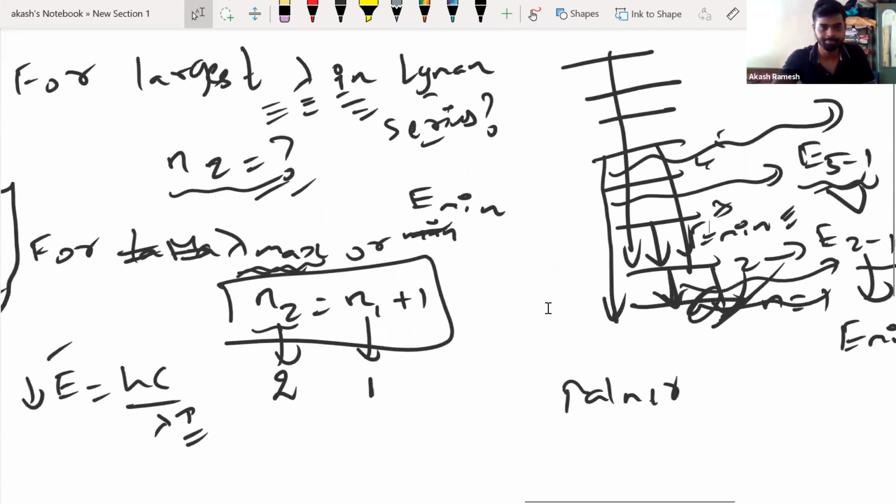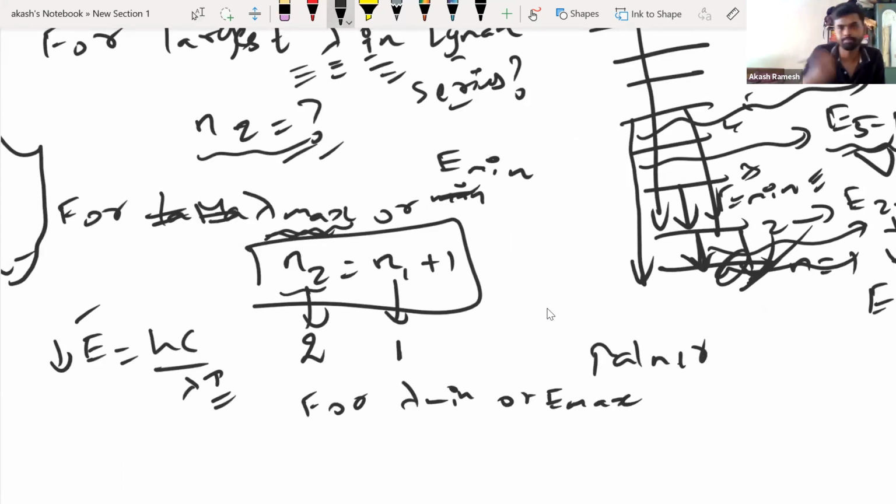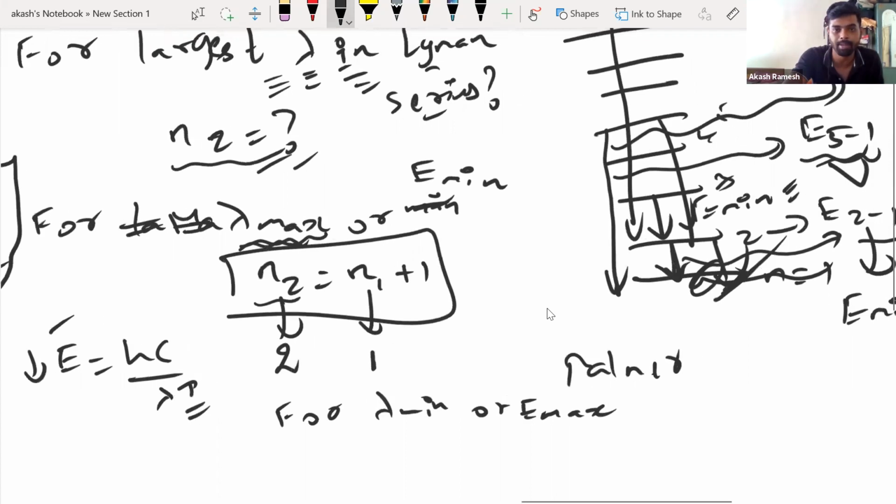Same way, I can do it now for lambda minimum or energy maximum. When will that happen?